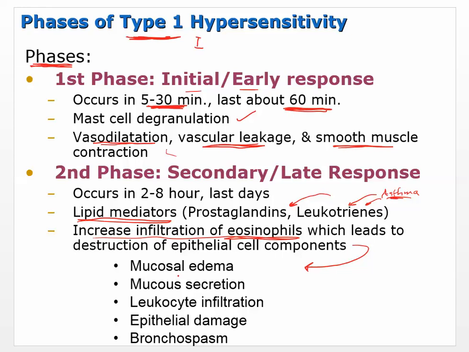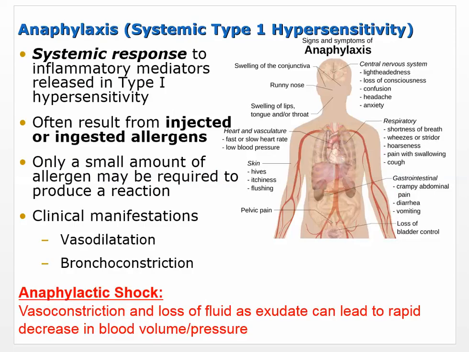They also release their mediators, which are going to cause some of these things: mucosal edema, more mucus secretion, more leukocytes move in, epithelial damage, and the bronchospasms, which we can attribute to leukotrienes.